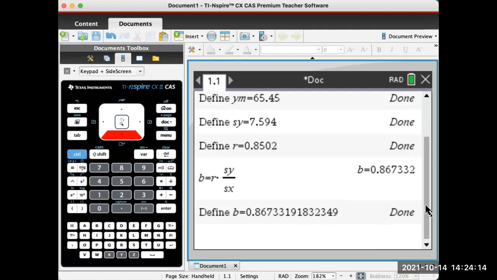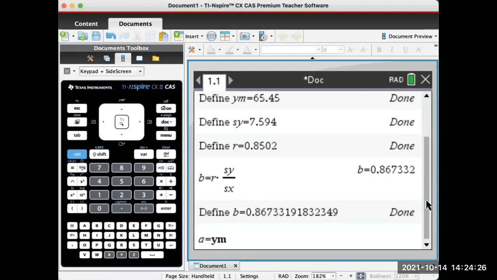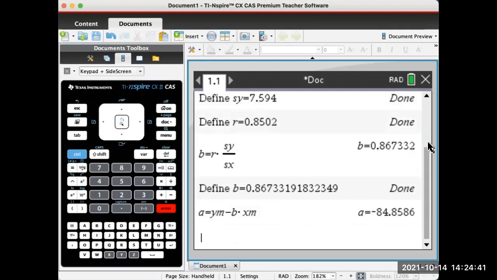The other part was to find a, which was our intercept, yeah? We know what that was equal to: y bar, which was ym. We wrote it as ym here, yeah? Minus b times the mean of your x, so xm. Press enter. Notice how it gives you your a value.